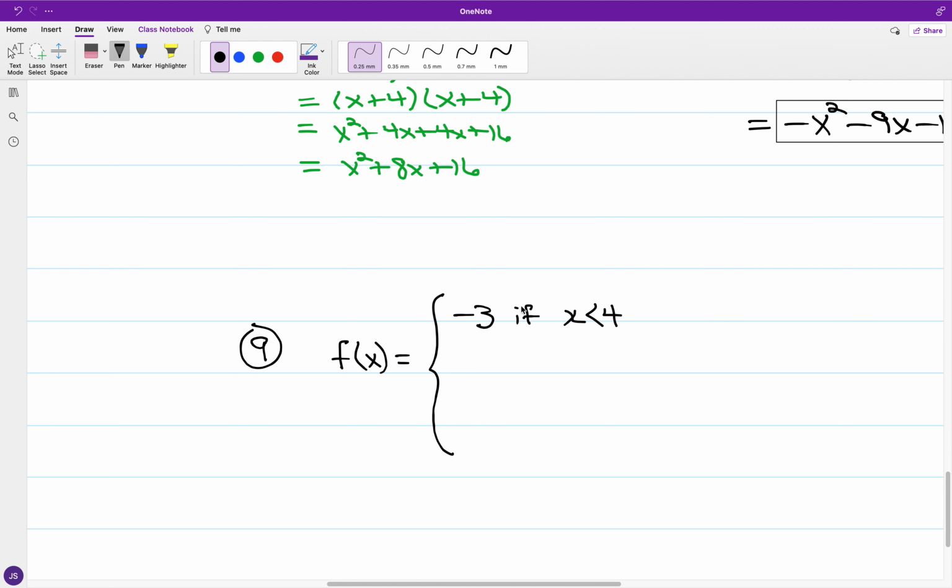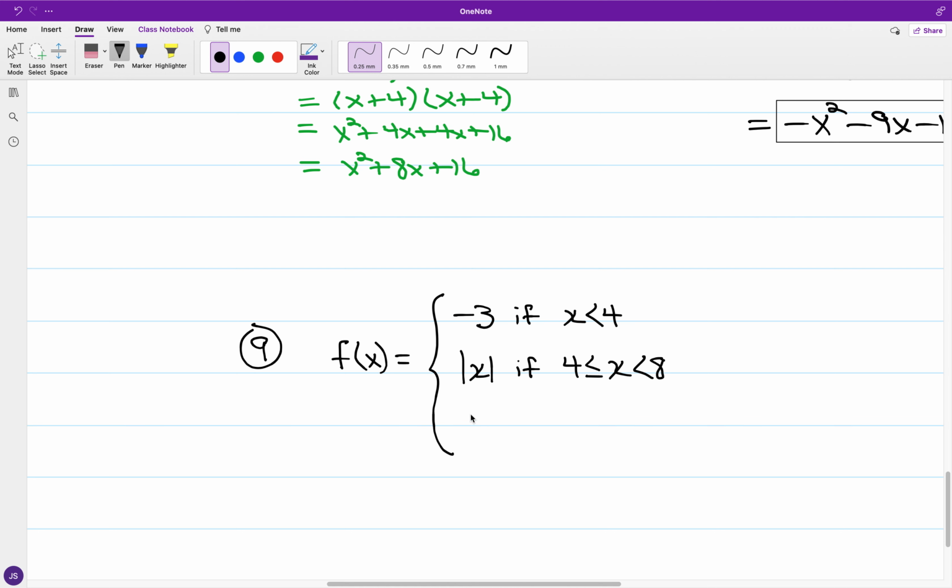And f of x is equal to the absolute value of x if x fits within the compound inequality, whereupon 4 is less than or equal to x, which in turn is less than 8.